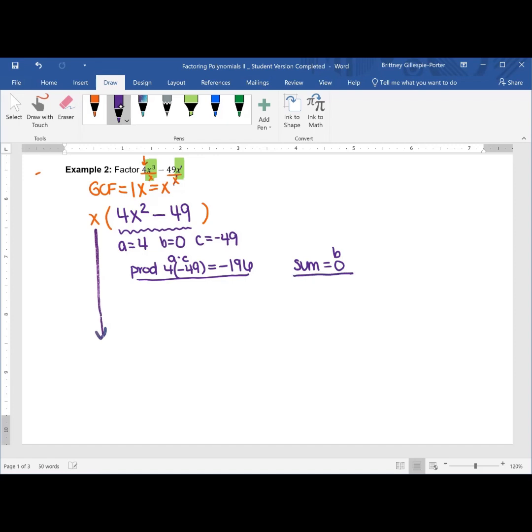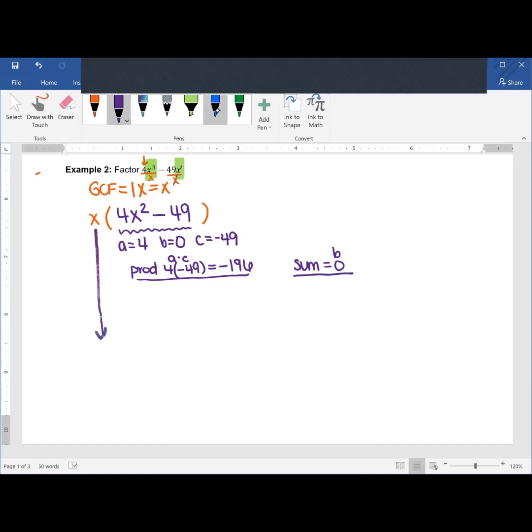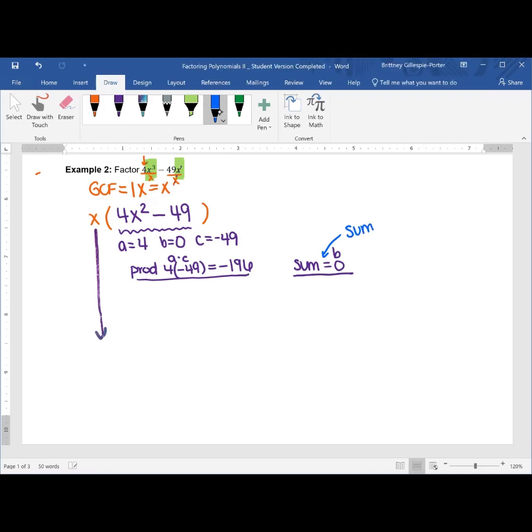Okay. This next hint only works when you're trying to find sumo. And you may be asking yourself, what the heck does she mean sumo? We're trying to find a sum of 0, which if you don't put the equal sign, looks like sumo. Whenever you're trying to find sumo, that means that you have a perfect square.